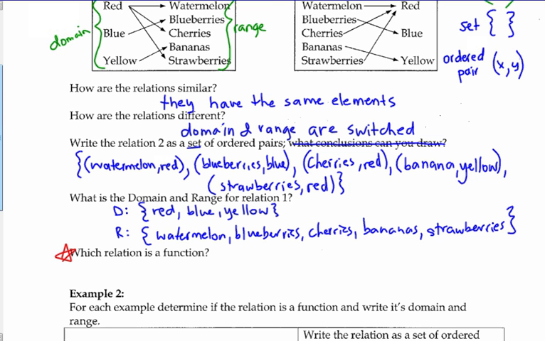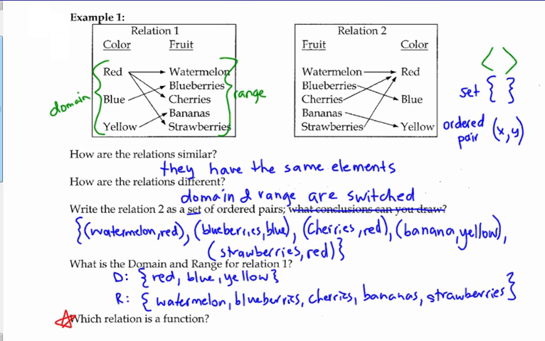Let's review. It says, which relation is a function? Well, what's the definition of a function? In simple terms. Each element in the domain has only one range element. So every x has only one y. Each input has only one output. Or each color should have only one fruit.